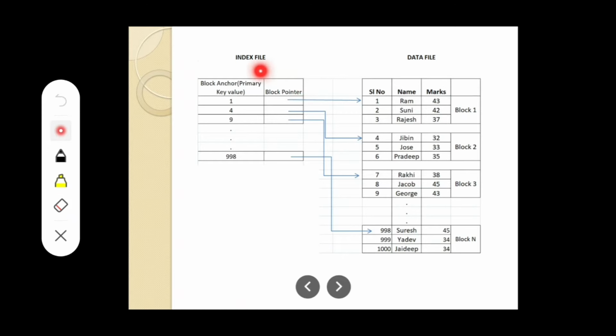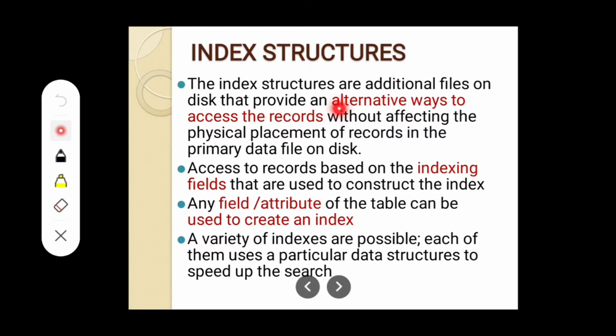Creating this index file does not bring any modification to our data file. There will not be any modification or alteration done if an index structure is created. That is the next point they are saying: it is an alternative way to access the record without affecting the physical placement of the records in the primary data file on the disk.